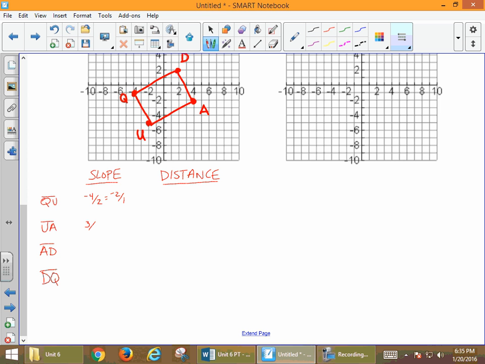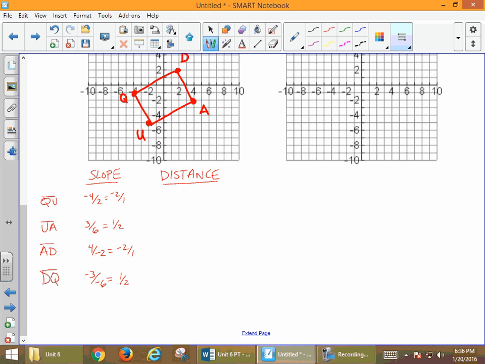I run 1, 2, 3, 4, 5, 6. 3/6 reduces to 1/2. From A to D, rise 1, 2, 3, 4. Run left 1, 2. Reduces to -2/1. From D to Q, rise, down 1, 2, 3, -3. Run left, -1, 2, 3, 4, 5, 6. Reduce to 1/2.